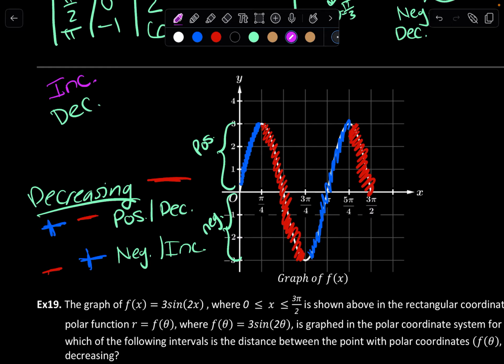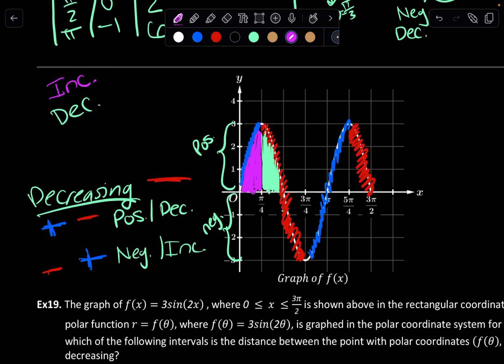Okay, so from 0 to pi over 4, the curve is positive, and it's increasing. Therefore, the radius is increasing because the distance from the horizontal axis to the curve is increasing. And then from pi over 4 to pi over 2, it is decreasing because as we travel down the curve, we are getting closer to the horizontal axis.